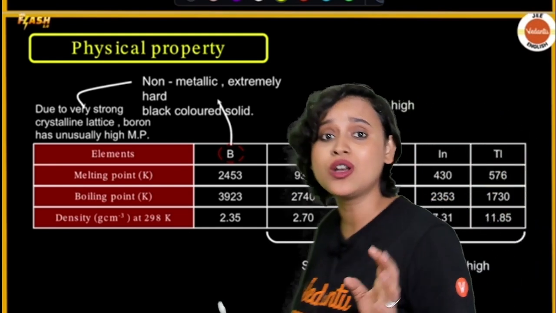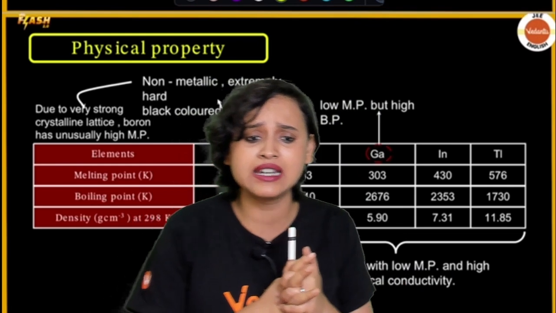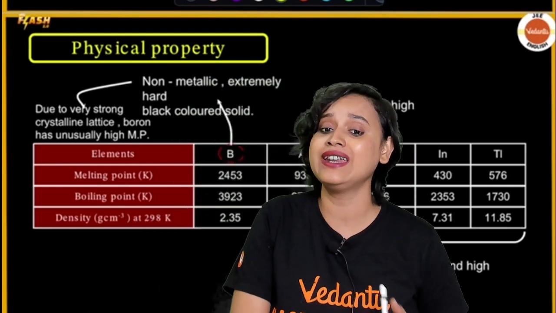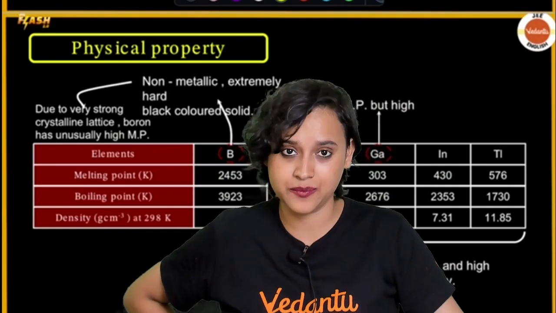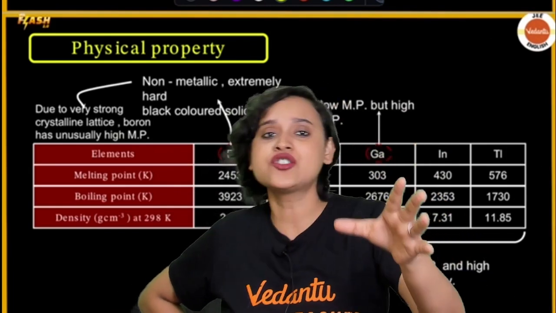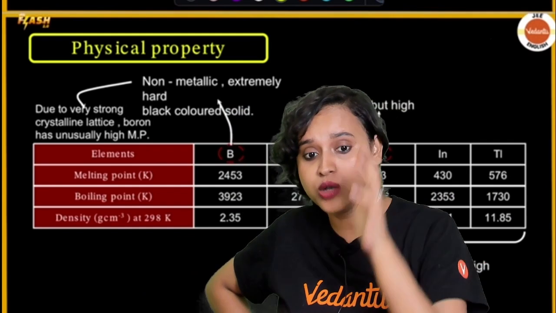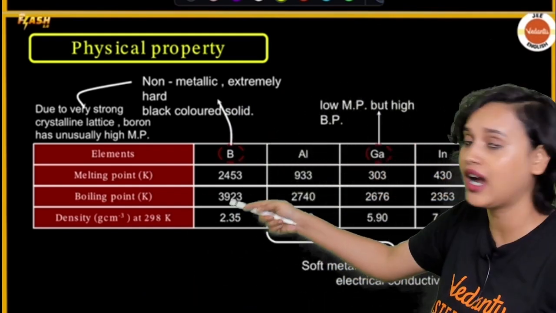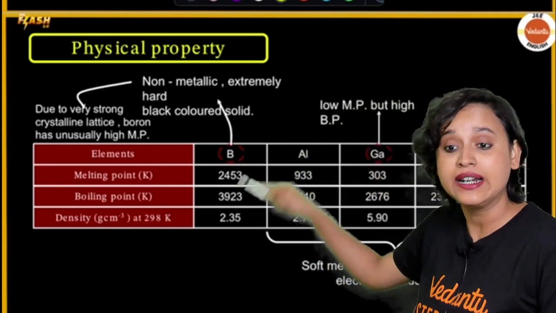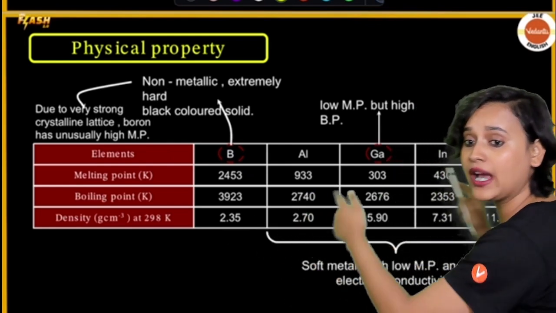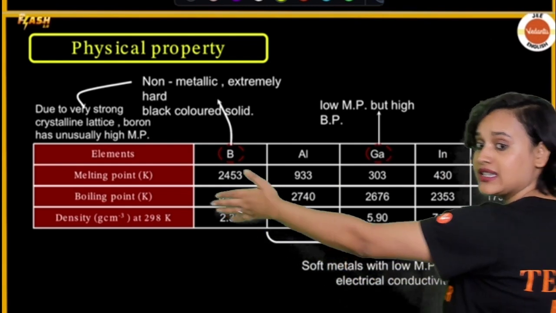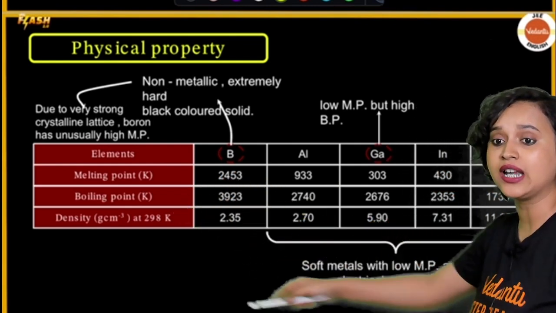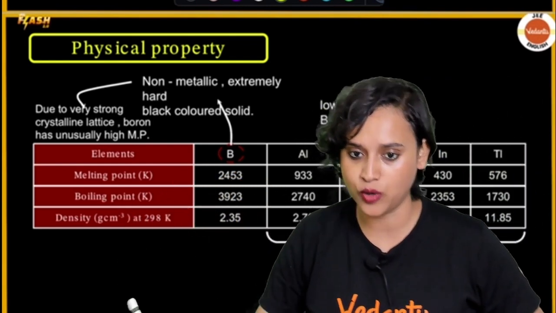Because boron has a very strong crystalline lattice, so much so that it almost resembles diamond. It has a really high melting point and a really high boiling point. In comparison with all the other elements in this family, boron has the highest melting and boiling point.